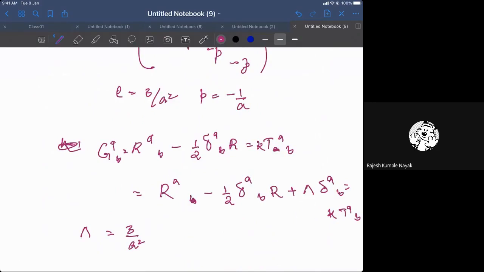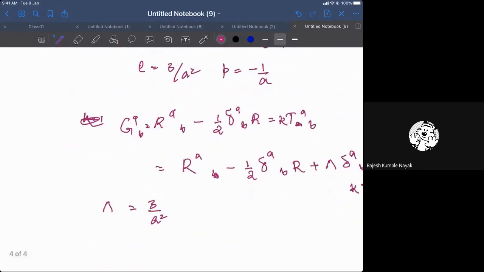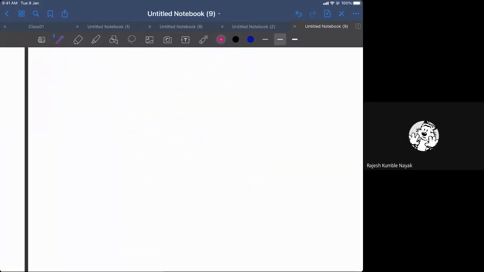At that time, that was not accepted. Currently, people are fine with negative pressure and all that. Cosmologists don't really care whether pressure is positive or negative. They build models which allow all these things. But at that time, Einstein added this constant and said, well, this is how the universe should behave.